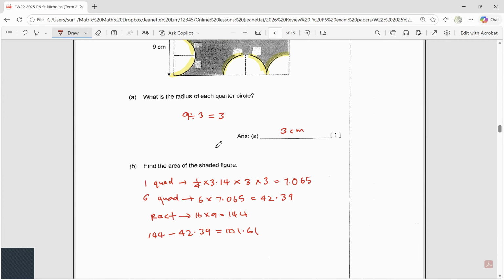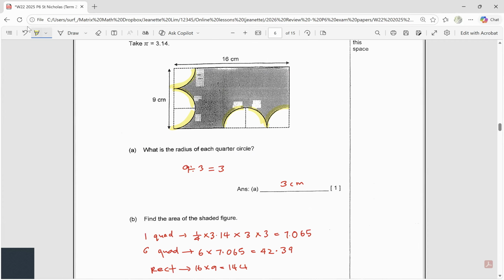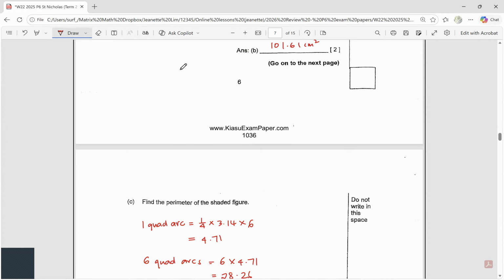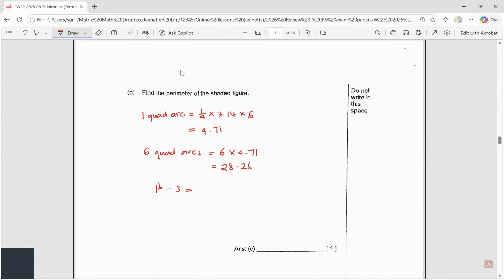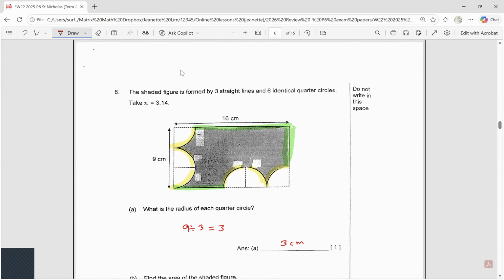What we're missing is all the straight lines, which is this one here, this, and this. The top one is 16 minus 3, radius 3, which is 13. Then this one is 9 minus 3.